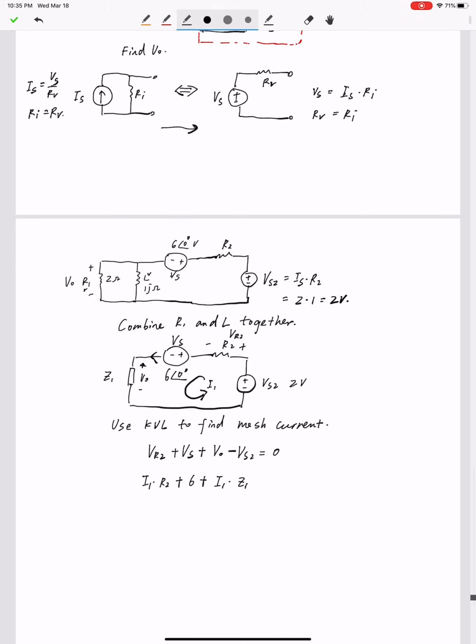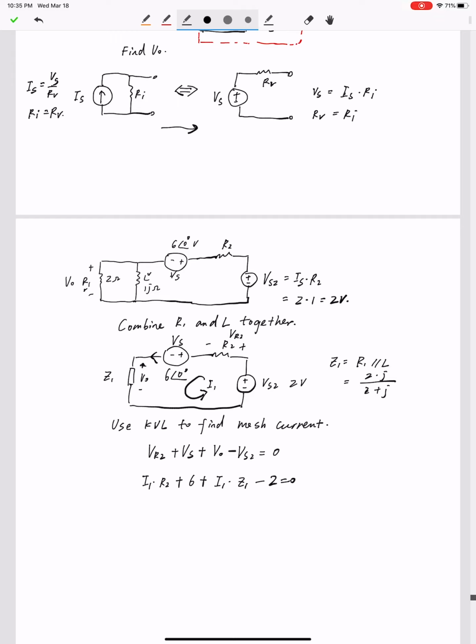And Z1 is the combination of R1 and L connected in parallel, so Z1 equals 2j divided by 2 plus j, and then minus 2 equals 0.